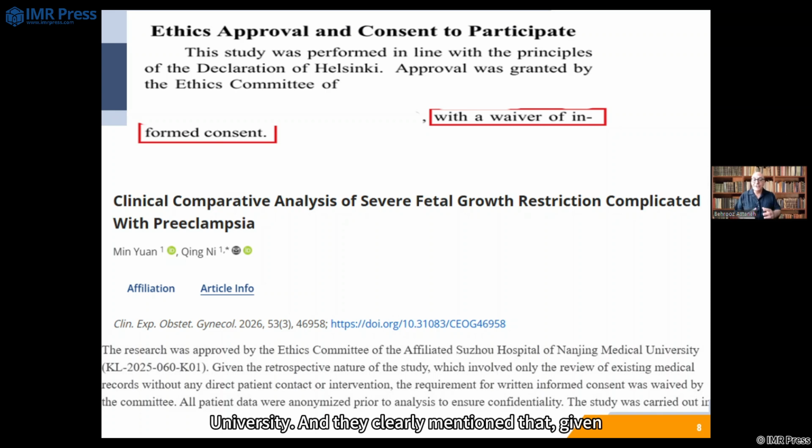Given the retrospective nature of the study, which involved only the review of existing medical records without any direct patient contact or intervention, the requirement for written informed consent was waived by the committee, and they could provide the related exemption approval. This is a good case that you can follow for any similar studies that you may have.